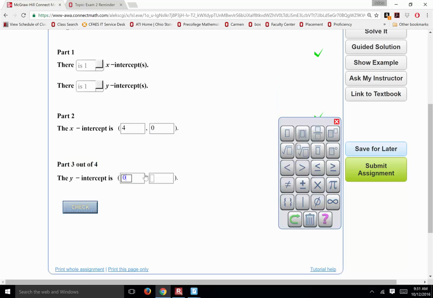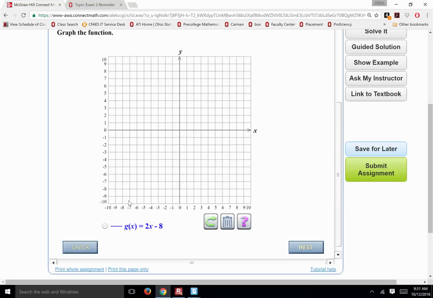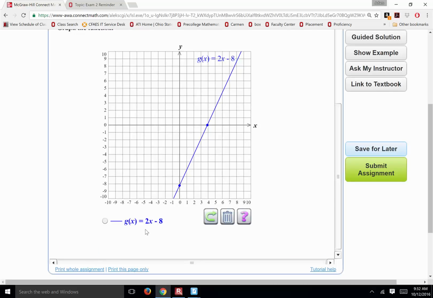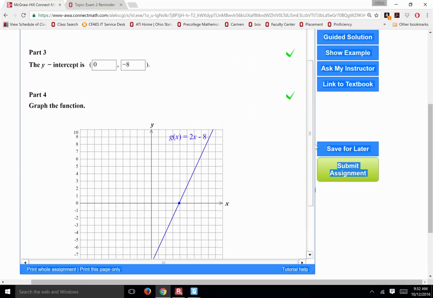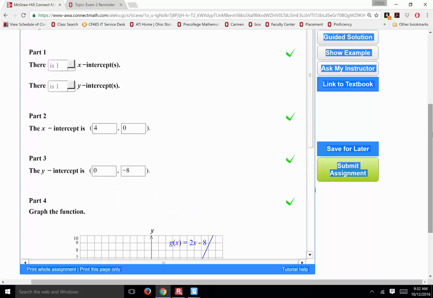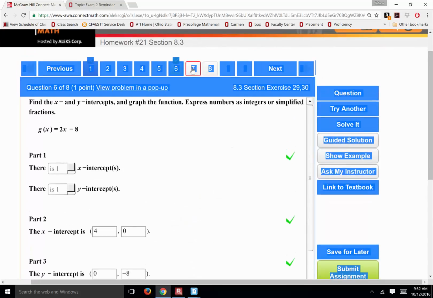Y is 0, -8. Now we just need to graph this. Start with -8 y-intercept and +4. This is it. That was easy, huh?